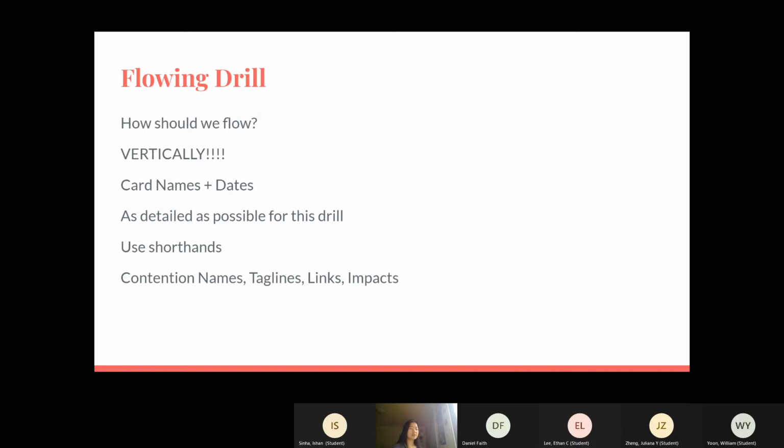And then for this drill specifically, you want to flow as detailed as possible. So you're trying to get down all the details, and you don't have to flow word for word, but what you do want to do is flow all the link chain and the evidence names, right? And then when we're flowing, obviously you cannot flow at the speed of someone speaking. So we always want to use shorthands.